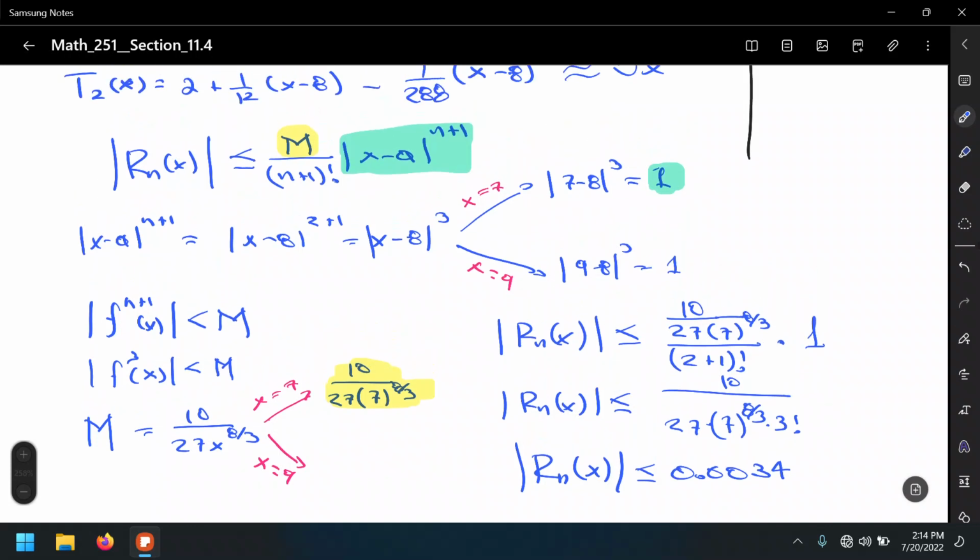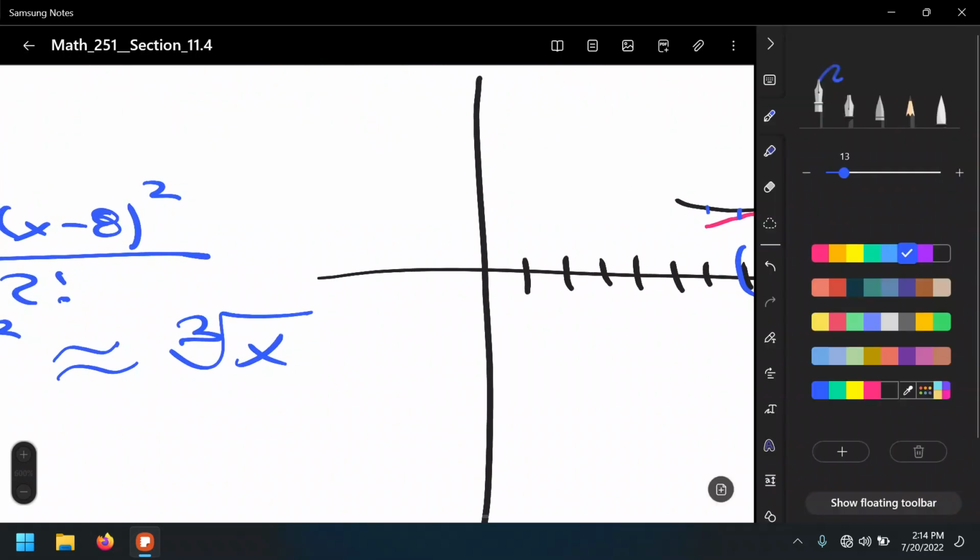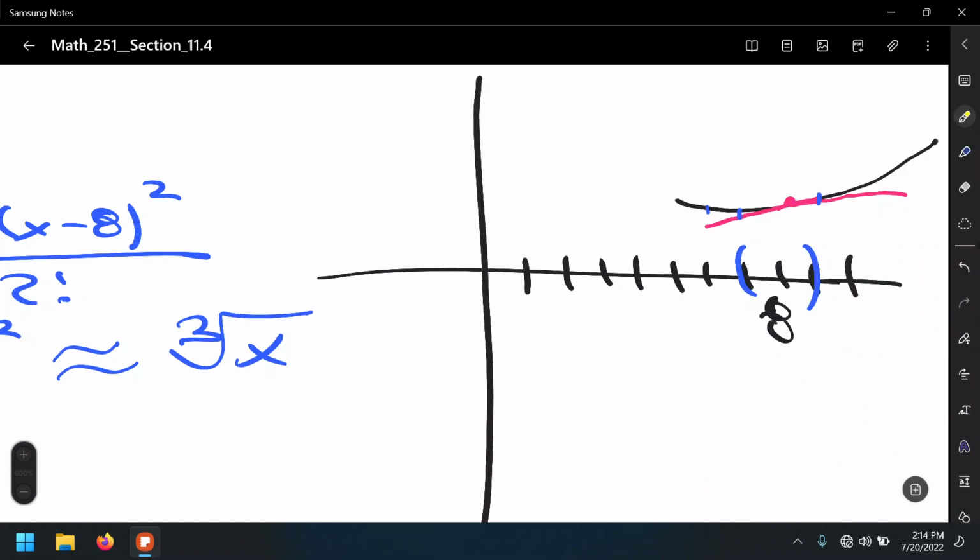Let's go back to the picture. That means that at the very edges of this interval for which we want to do the estimation, the gap right here between the approximated and the actual is an error of 0.0034, or 0.34%, which is a pretty good approximation despite being only a second degree approximation.